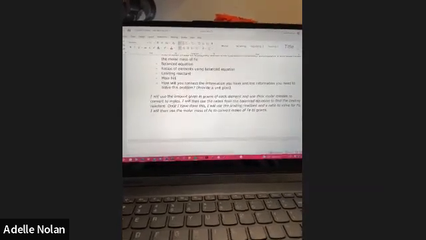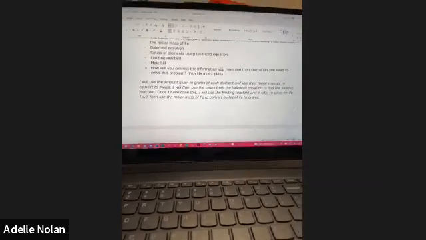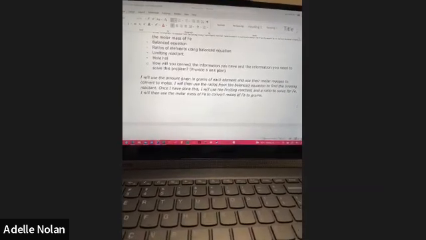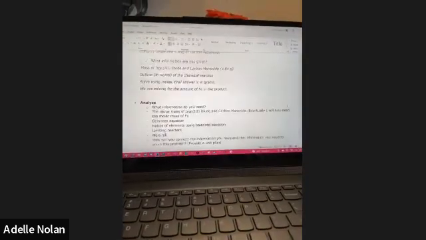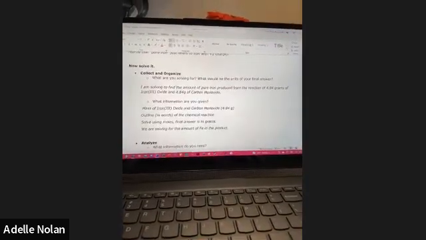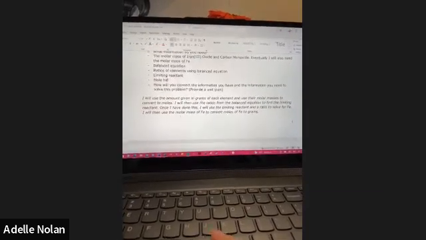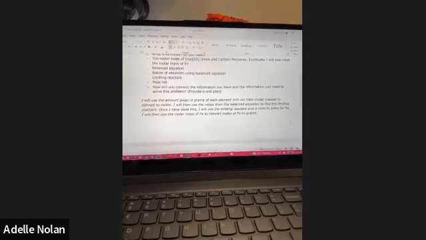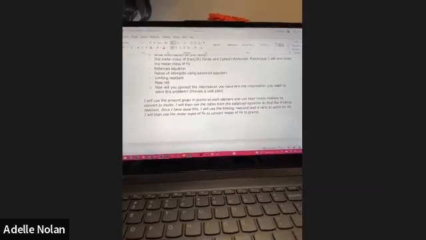Okay, how will I connect the information I have and the information I need to solve this problem? This will be an overview. I will use the amount given in grams for each reactant, the iron oxide and the carbon monoxide. And then I will use their molar masses to convert those measures to moles.